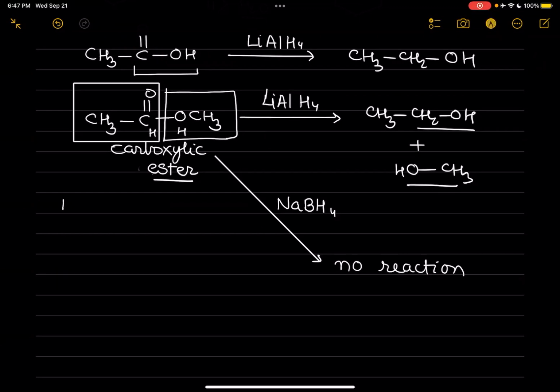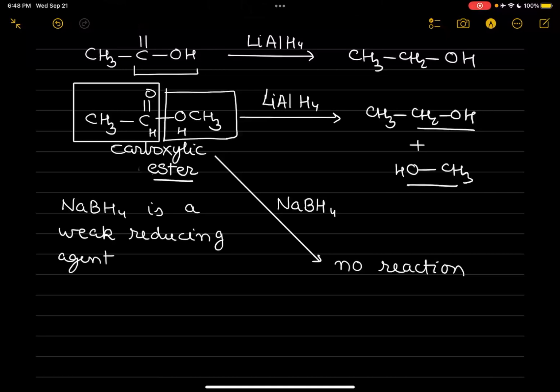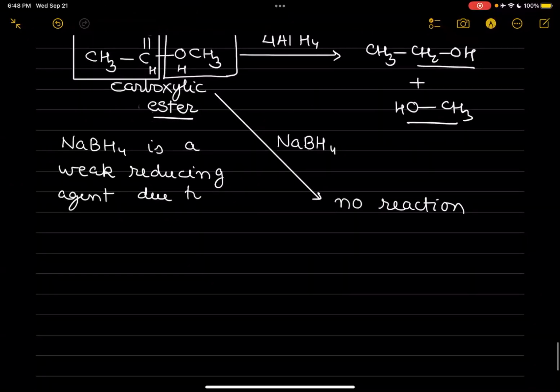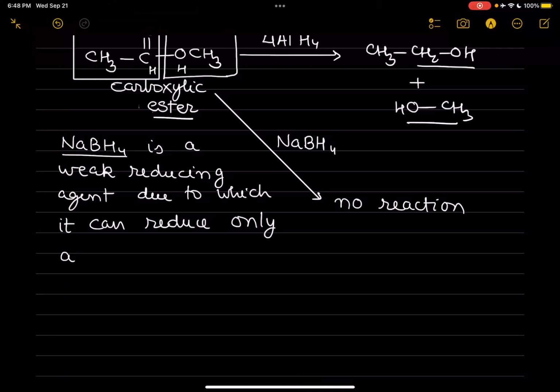Yes. So you can write NaBH4, sodium borohydride, is a weak reducing agent, due to which it can reduce only aldehydes and ketones.